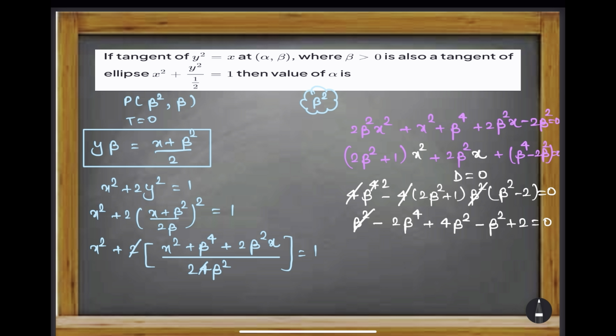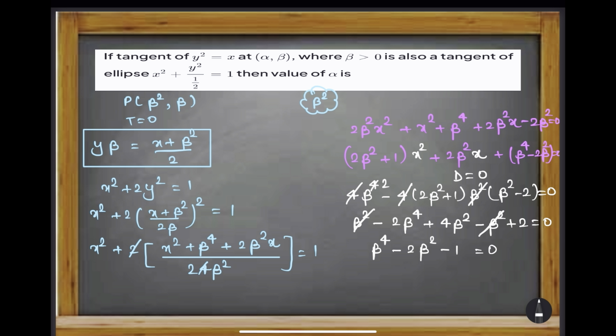Okay, so this thing is gone. Now let's divide by minus 2. So we got beta power 4 minus 2 beta square minus 1. Okay, so we got this quadratic.